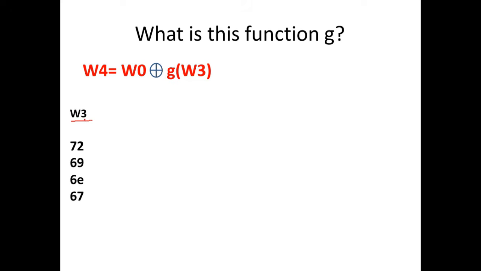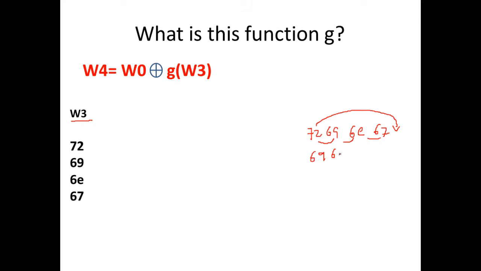Now what we are going to do is, the very first step is we are going to take W3 and do a cyclic left shift by 1. So what is W3? It is nothing but 72, 69, 6E, 67. So we are just going to move 72 at the end and move every other byte one step to the left. So what will be the output here?